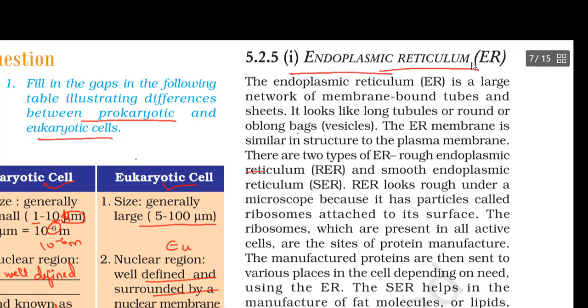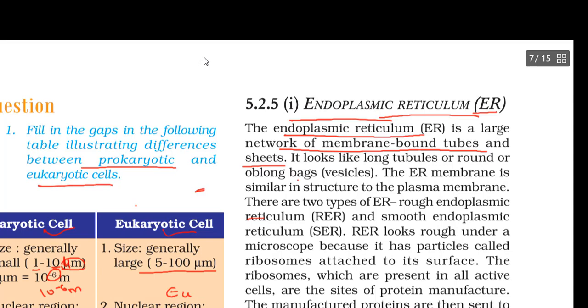So endoplasmic reticulum, ER. The endoplasmic reticulum is a large network of membrane bound tubes and sheets. It is a part of the cell, and it also has a covering.